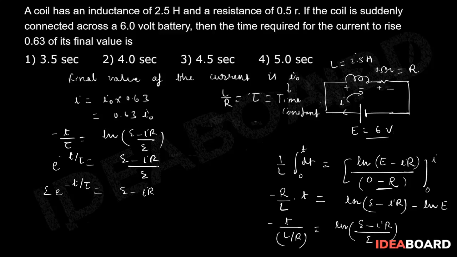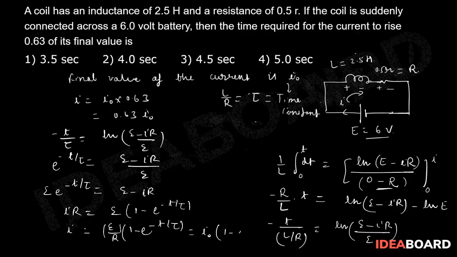So from this expression IR is equal to E times 1 minus e to the power minus t by tau, which gives us I is equal to E upon R times 1 minus e to the power minus t by tau. So this E by R will become I naught.